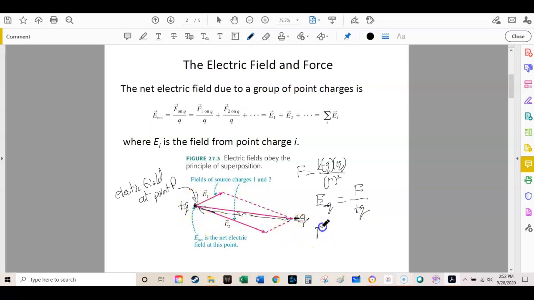So in other words, to get the electric field due to that negative Q at where the positive charge is sitting at point P, you would leave the negative Q in the equation, and I'm going to take the R squared and the positive Q, effectively taking that out, essentially getting negative Q over R squared.